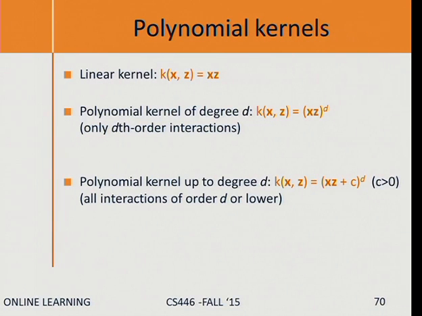This is saying don't expand the feature space. The polynomial kernel of degree d is just the dot product of xz to the d, and you can also do xz plus c, or plus 1, to the d, which gives you all the intermediate degrees. So we actually showed these two examples for d equal 2 before.